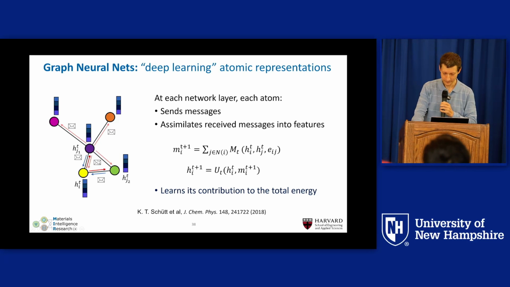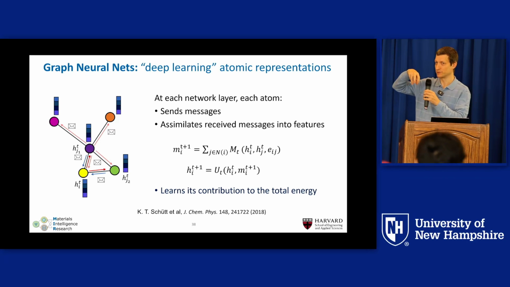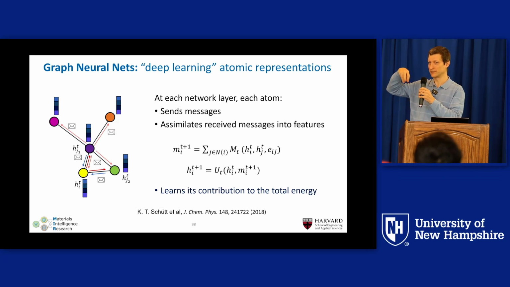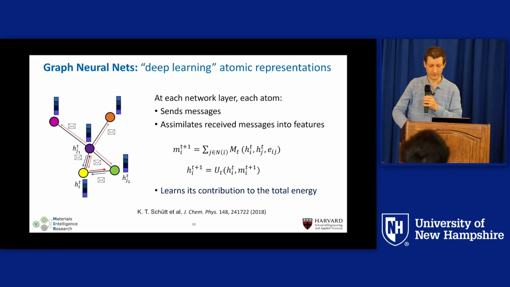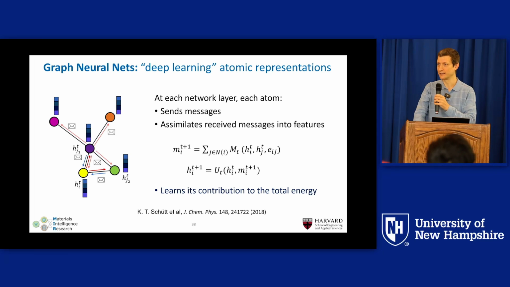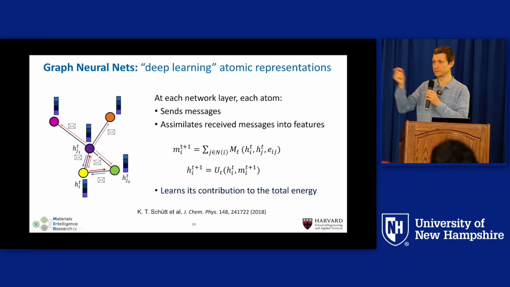The first was work called SNET, that essentially said, let's allow atoms to pass messages to each other, and let's have a neural network that agglomerates information from all the neighbors, figures out its own feature, and then passes that feature to the nearest neighbors as well. And so this very flexible framework of what's called message passing neural net or graph neural net was formulated, and distance information to your nearest neighbors was being passed around.